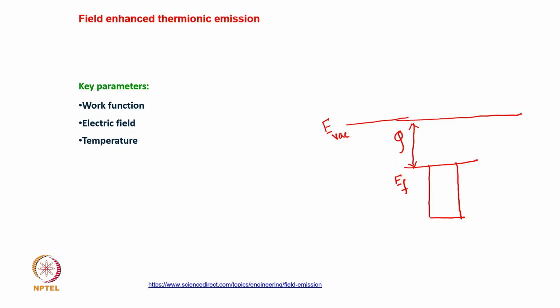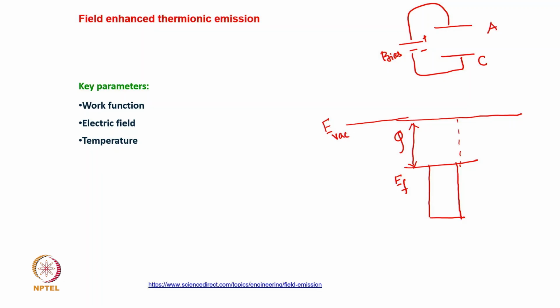Now, can I reduce this work function? Okay, so what I told you is that this is the cathode or emitter and this is the anode or collector, and if we apply a bias across this, what will happen?